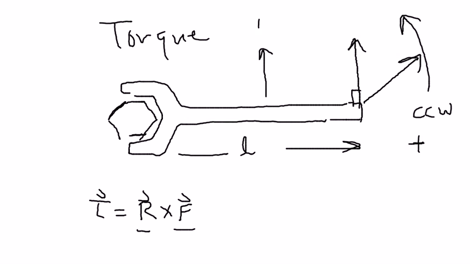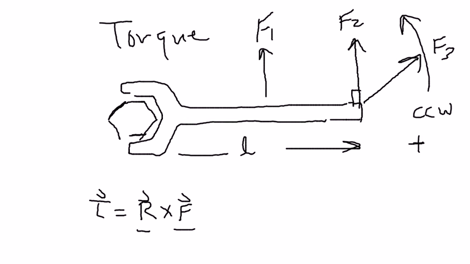Let's call these force 1, force 2, and force 3. Force 1, force 2, force 3 are all vectors, and force 3 is not at a right angle with the wrench, and that also has an effect.